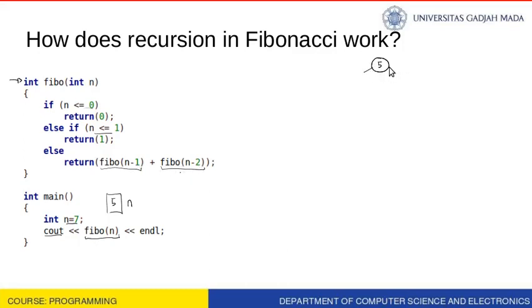This will be Fibo 4 and this one is Fibo 3. Then inside of this function call Fibo 4, I will have also two children. This is Fibo 3 and this one is Fibo 2. Fibo 2 and Fibo 1.